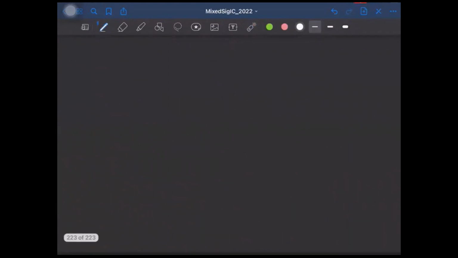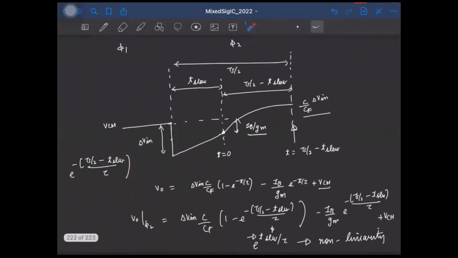So usually many times when you start to design, people do the following. They choose the slewing time T slew for a maximum input of delta Vin max to be around Ts by 4. That is, you allot half the time for slewing and the remaining half you allow for the linear exponential settling.